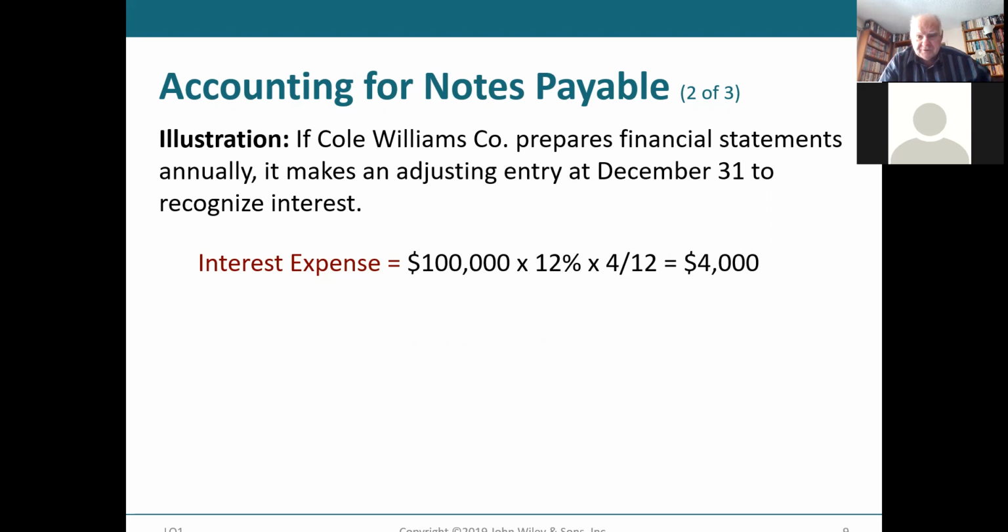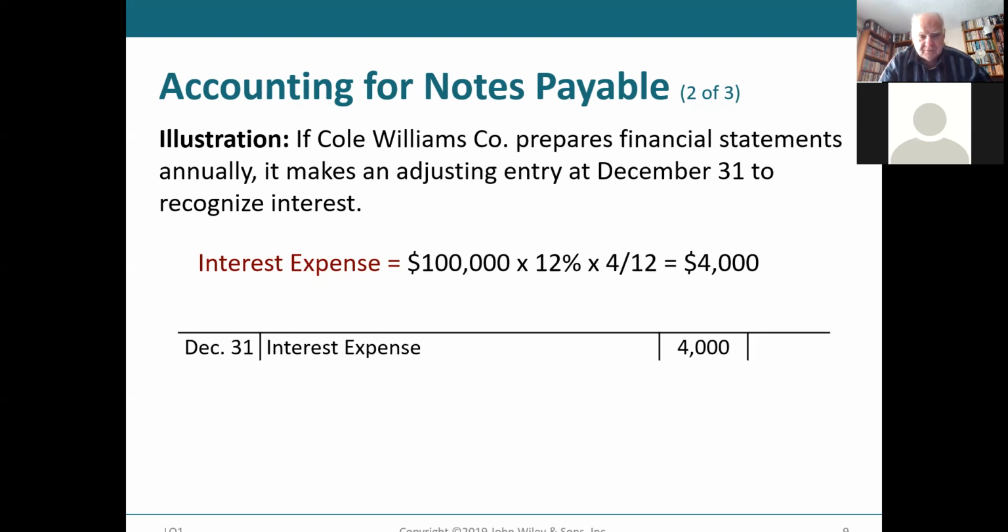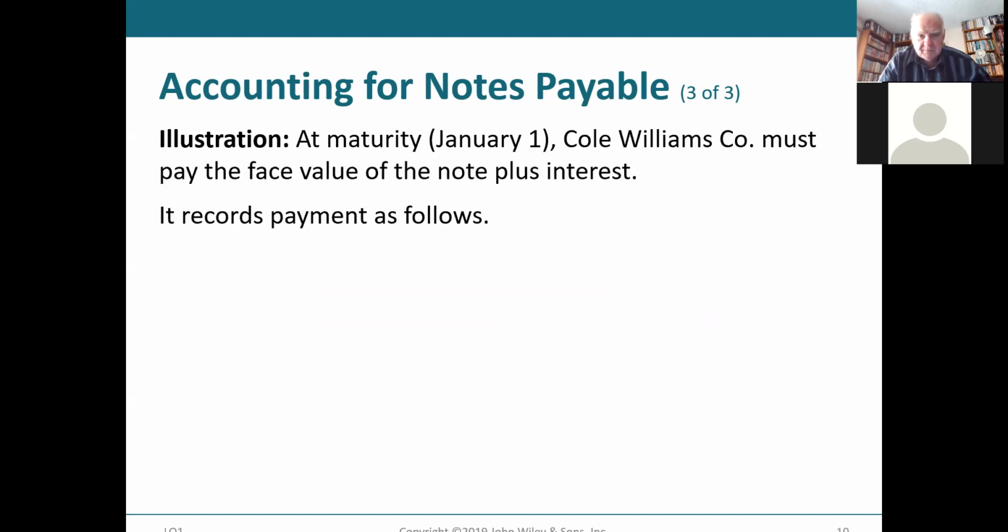Whenever you see a percentage, Derek, it's always for an entire year, so 12% times 100,000 is 12,000, and that would be $1,000 a month in interest. So there we go, interest expense, interest payable.